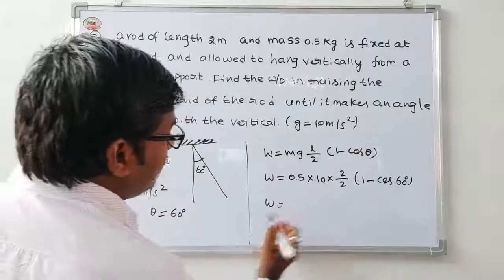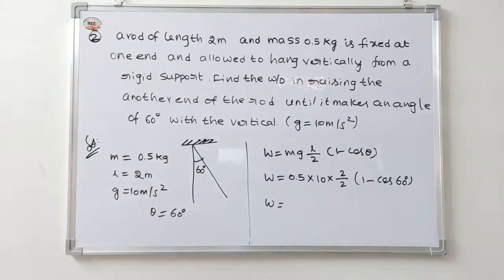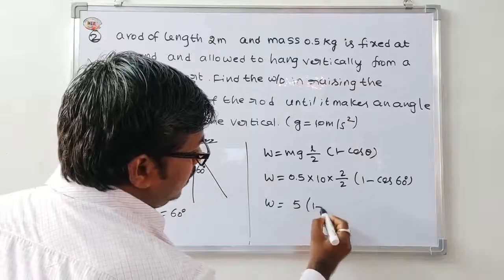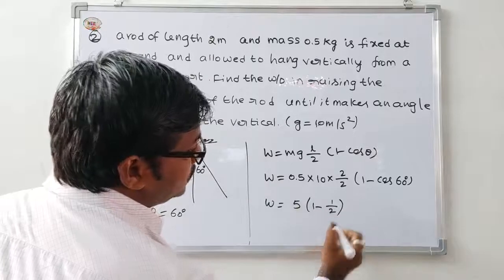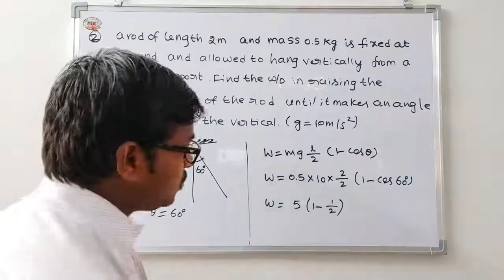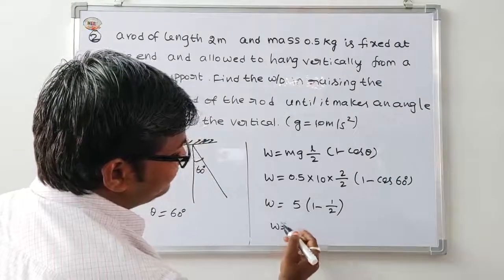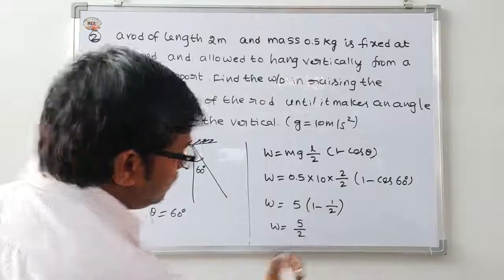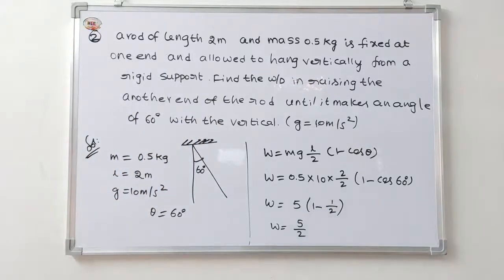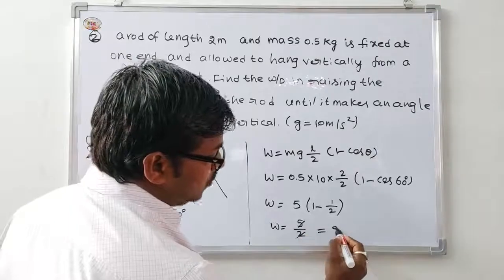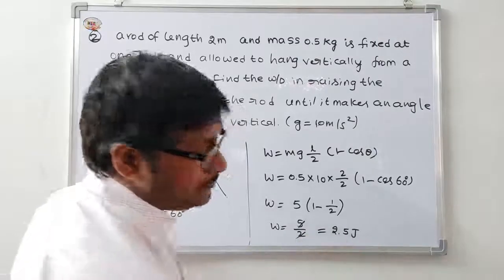Then work done W is equal to 0.5 into 10, 5, into 1 minus 1 by 2. Then work done is equal to 5 by 2, the two cancel, remaining 2.5 joule.